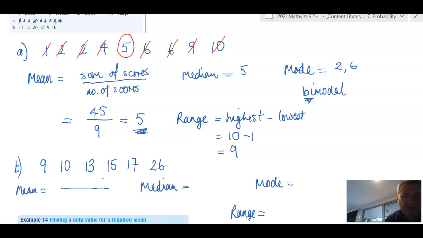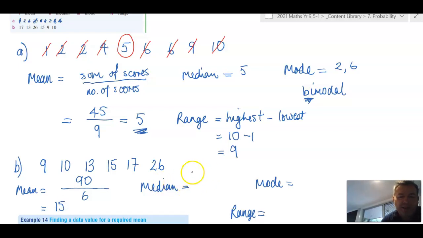Now it's best to use a calculator for this, and I think the total that we get is 19, 32, 47, 64, 90. So the total of those scores is 90, and there are 6 of them. So we divide 90 by 6 and we get 15. So 15 is the mean, or the average as we say.